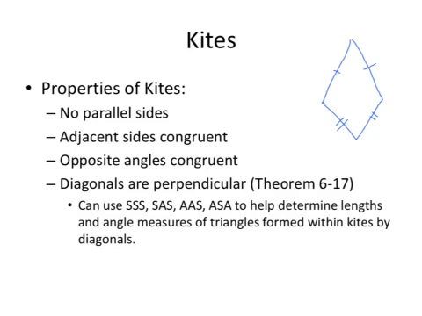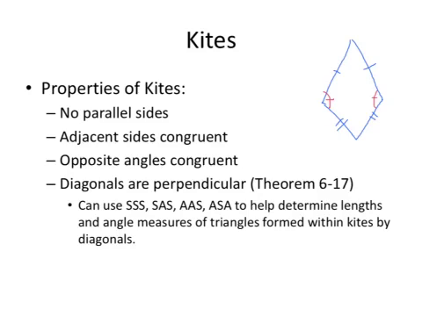And by opposite angles, we mean the angles right here and right here. Now, we may or may not have these two angles congruent. If we do, then it becomes a rhombus, and hence a parallelogram.